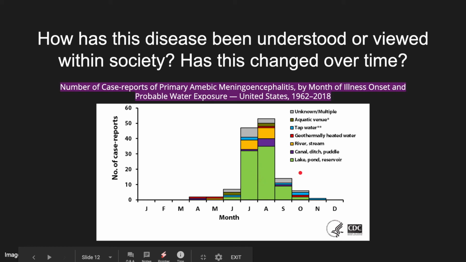We also show canals, ditches, puddles, and rivers and streams also show pretty significant cases. I also did read somewhere that southern states usually will report more cases than northern states.